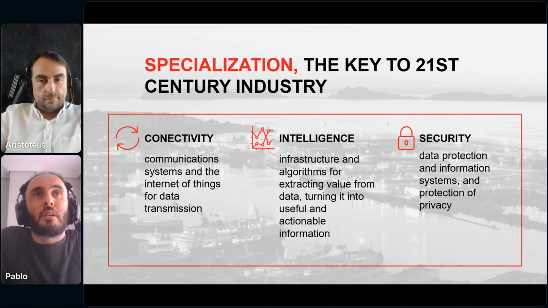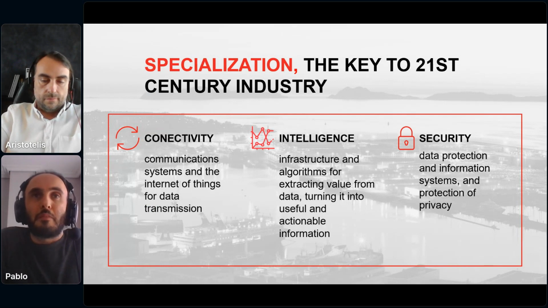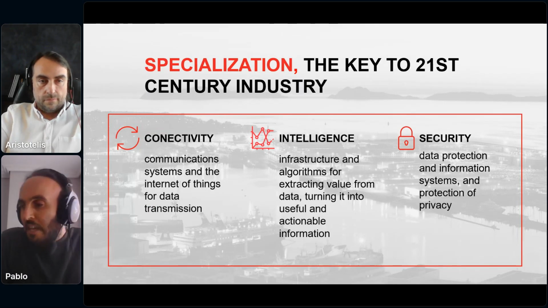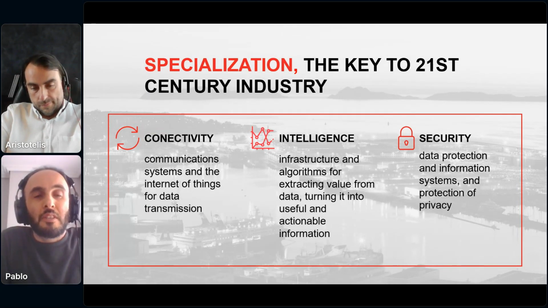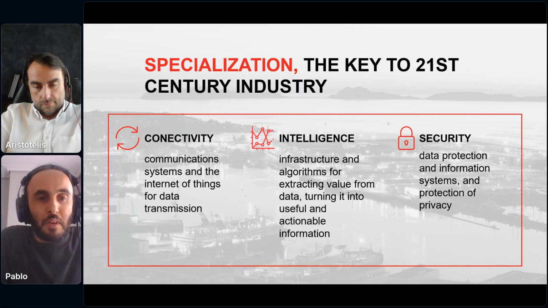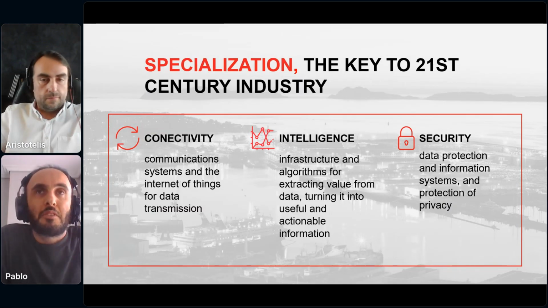To reach this goal, Gradient works in three main sectors or pillars, the first of which is connectivity. We can explain this as every measure to take information from one place to the other. We can gather information from a sensor and transmit it through a wire, through fiber optic, or through wireless communications to a separate place where we can do something with this information.